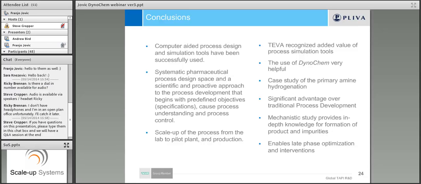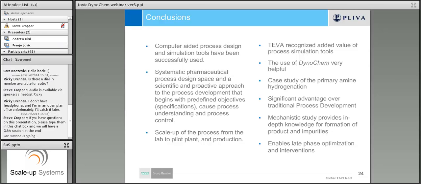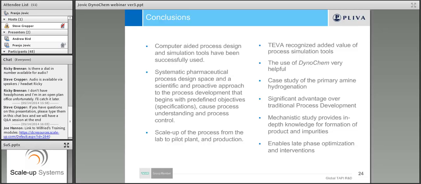So the final conclusion is that you will be able to scale up your process from lab up to pilot plant and up to production. And this mechanistic approach is really useful to obtain in-depth process knowledge, and you will be able to control process impurities. And of course, you will be enabled to optimize your process and late phase interventions.